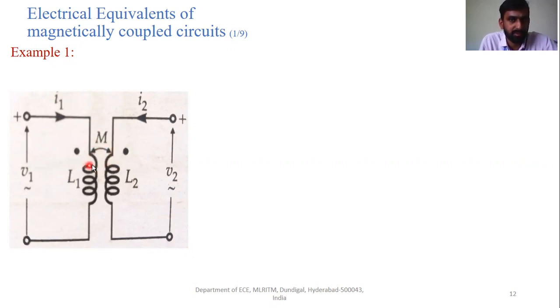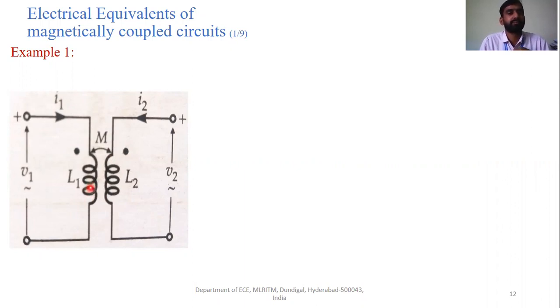So what is the dot which we have discussed in the previous slide? The dot indicates the polarity of the coil. That means whatever may be the polarity at this terminal, the respective terminals of the two coils are going to have the same polarity, right? So that is what the dot indicates in respect to the mutually coupled coil.